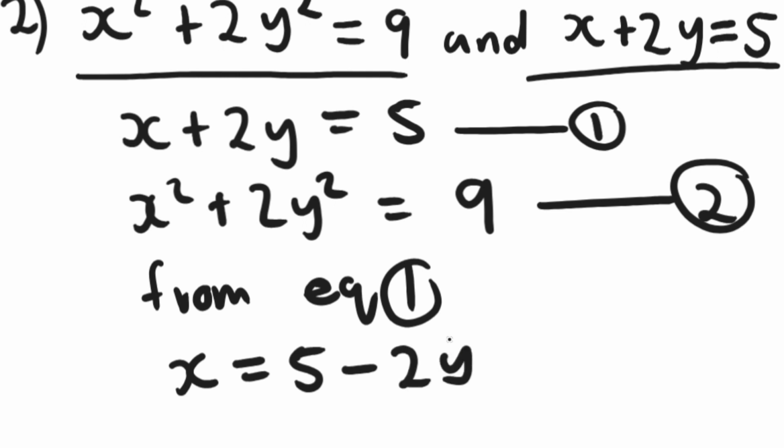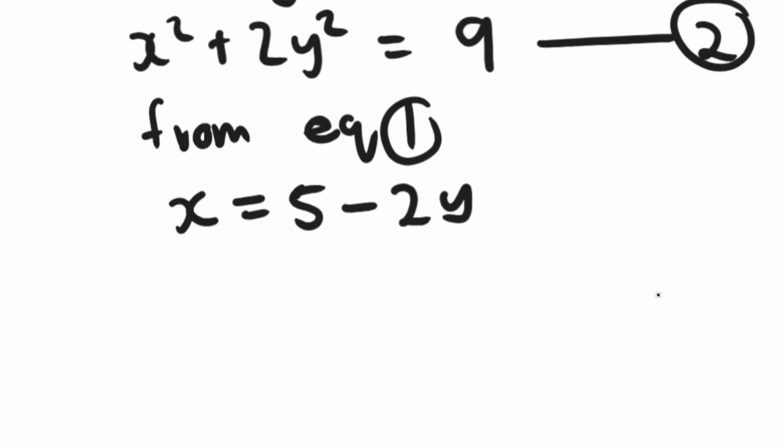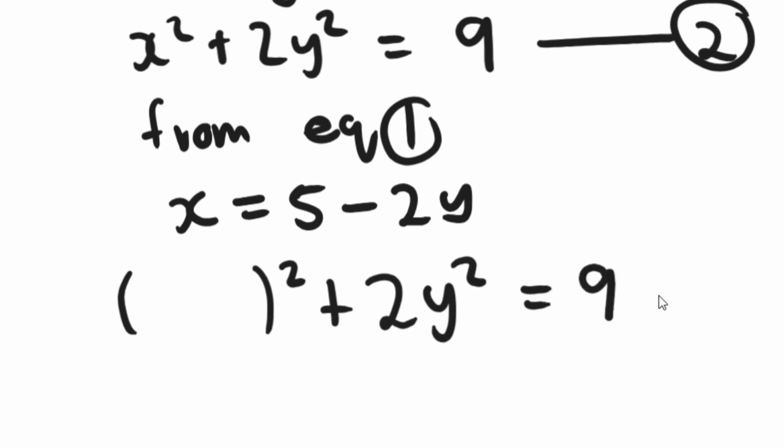Now we're going to replace in the equation that we did not use yet, equation 2. Everywhere we see x we plug in 5 minus 2y. So let's open a bracket for every place of x. We say we have x squared, that is bracket squared, plus 2y squared, that should give us 9.